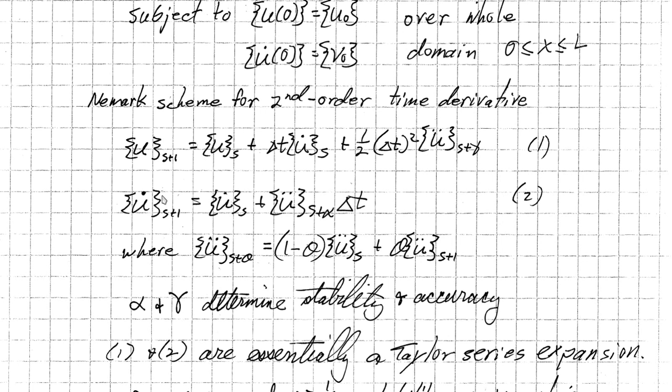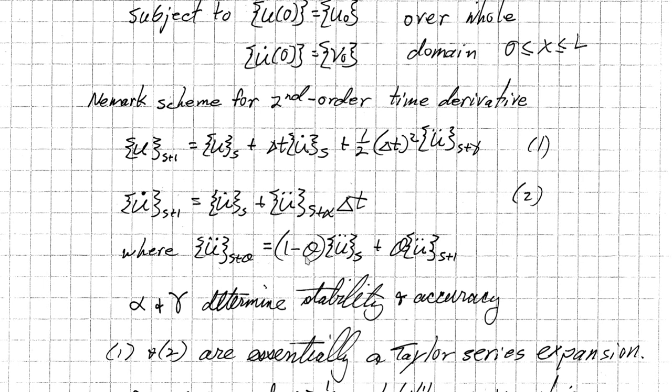You get velocity at the next time step using the current velocity and acceleration times delta t at some intermediate time step, s plus alpha. The trick is you need to know acceleration at these intermediate steps, here s plus gamma and s plus alpha. So we're defining this acceleration at the intermediate time step as a weight.